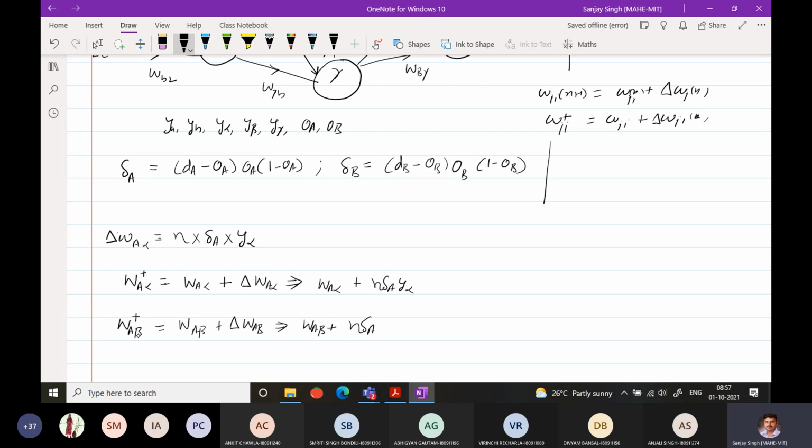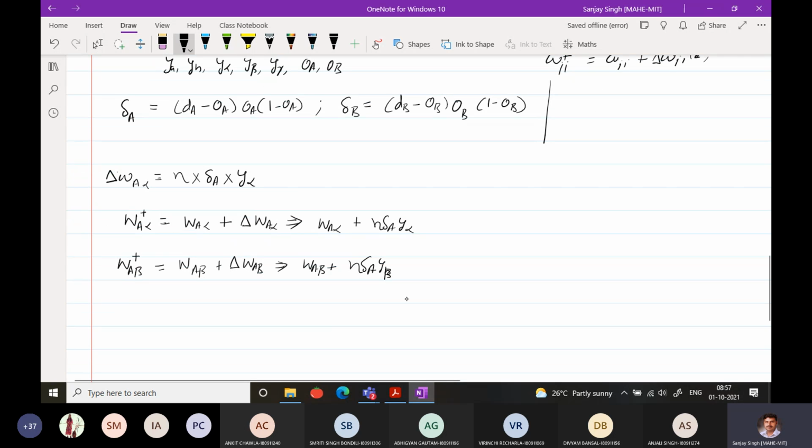Only, it is getting input from the previous layer, so it is Y beta. Likewise, I can write straight away WA gamma plus equals WA gamma plus eta delta A Y gamma.